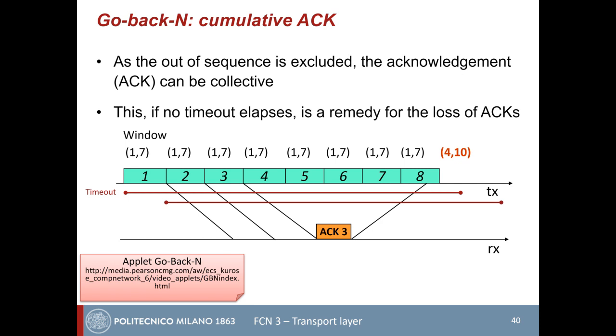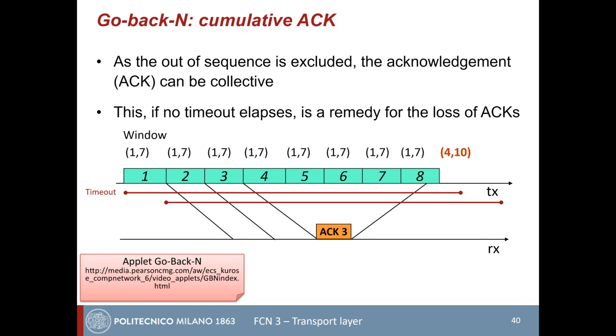It slides not by 1 position, but by 3 positions, because the last acknowledged packet is 3, but this implicitly implies that packet number 2 and packet number 1 have also been acknowledged. So the transmitter moves the window from 4 to 10. Okay?